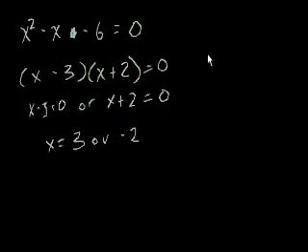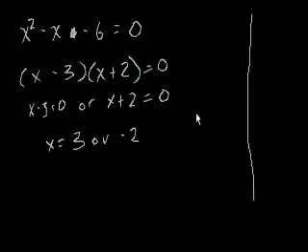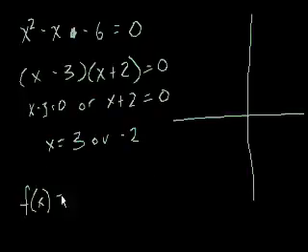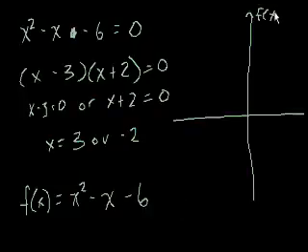And a graphical representation of this would be, this is my very badly drawn graph, if I had the function f of x equal to x squared minus x minus 6. So this axis is the f of x axis. You might be more familiar with the y-axis, and for this type of problem, it doesn't matter. And this is the x-axis.